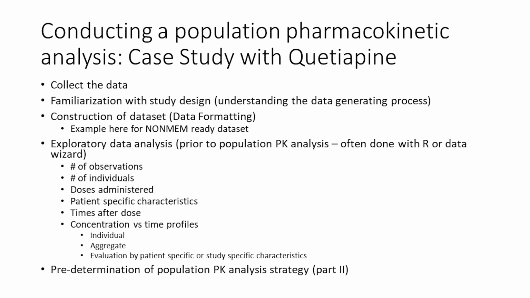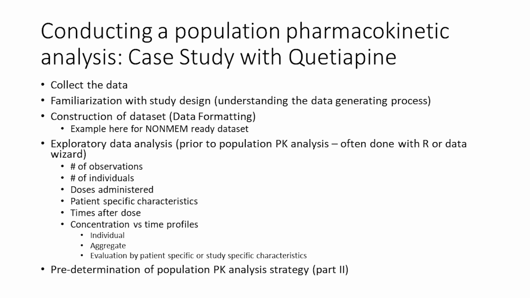Things that we will be evaluating are the numbers of observations, in this case concentration observations, and numbers of individuals, what were the doses administered, what are the patient-specific characteristics, what is the distribution of times after dose for the concentration measurements, and then any information that one can glean from a typical population pharmacokinetic study with respect to the concentration versus time profiles, both at the individual and aggregate levels.